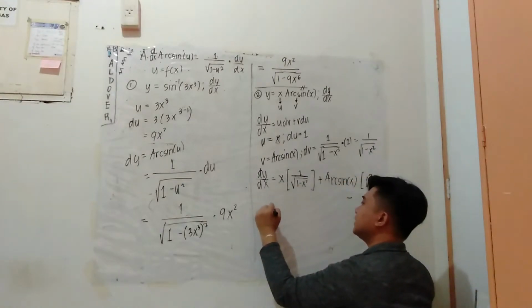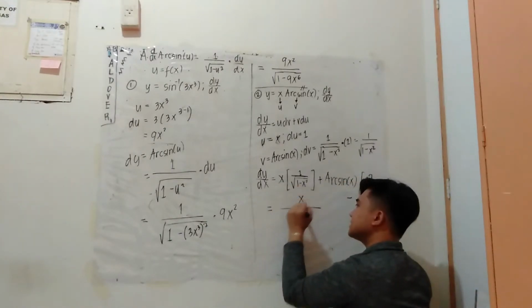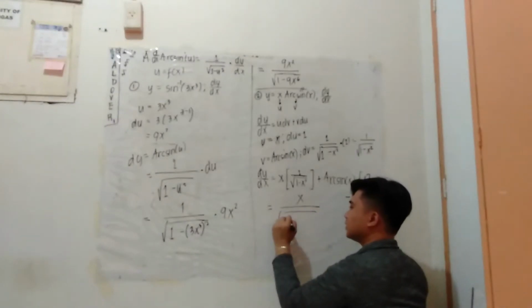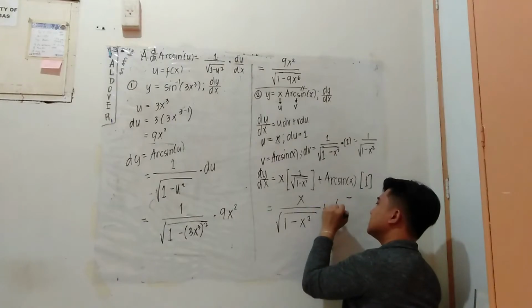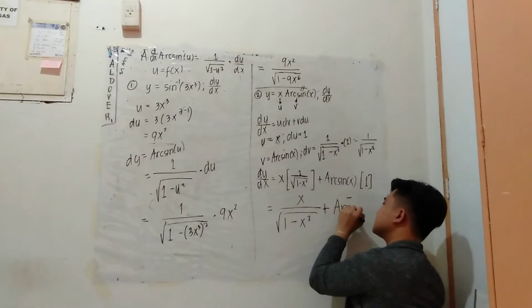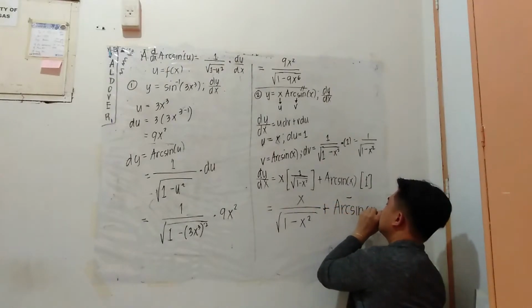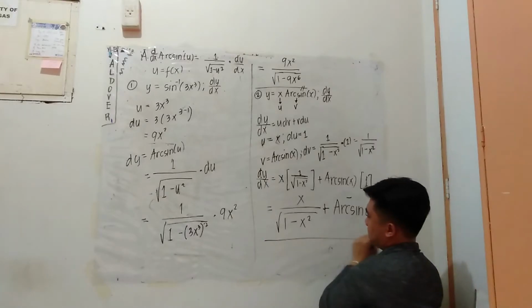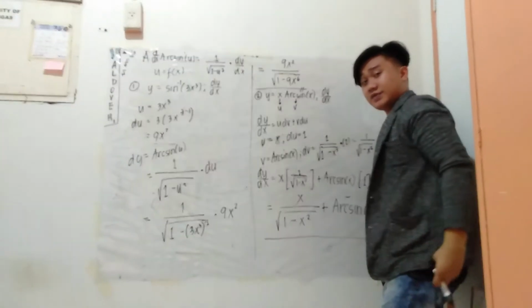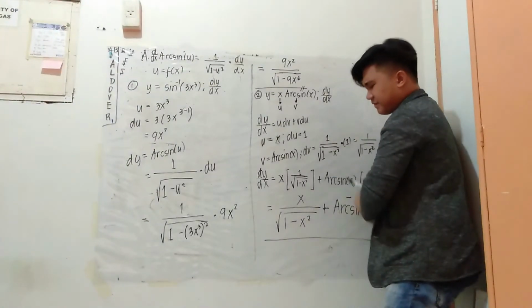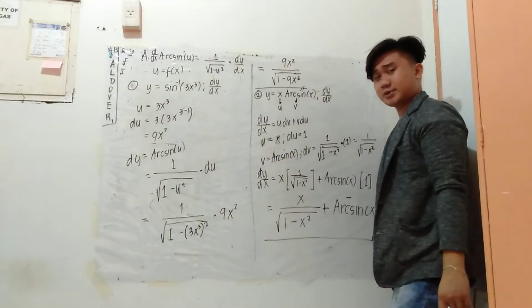So, simplify ko, this is equals to x all over square root of 1 minus x squared plus arcsine of x. Okay? And this is your final answer. Pwedeng simplify mo pa, pero pwedeng ito na lang po.